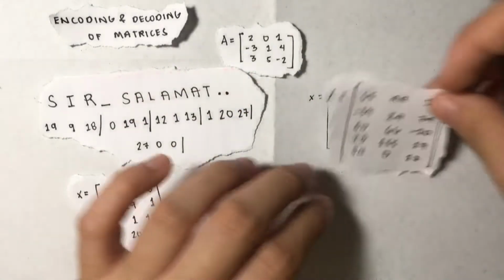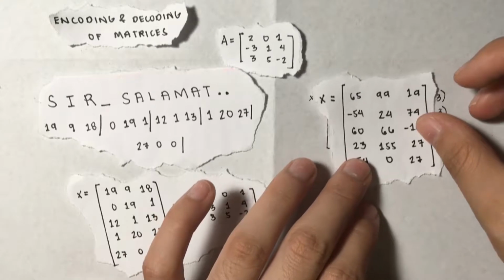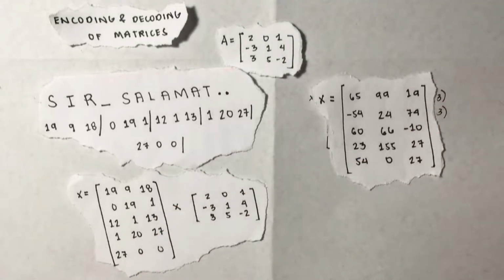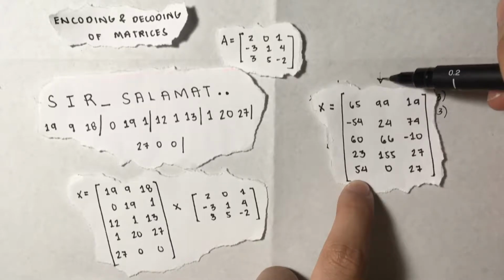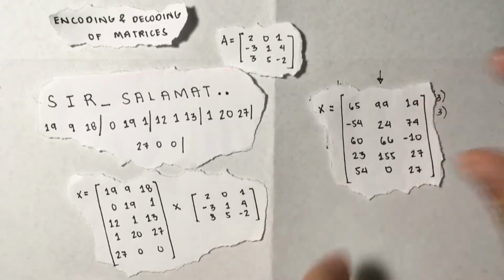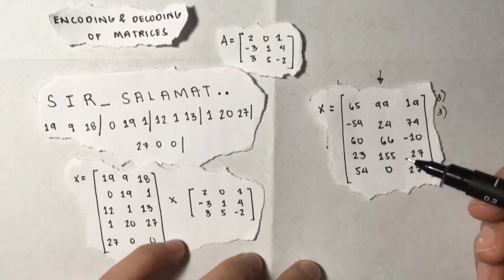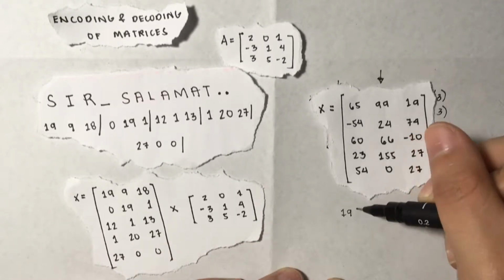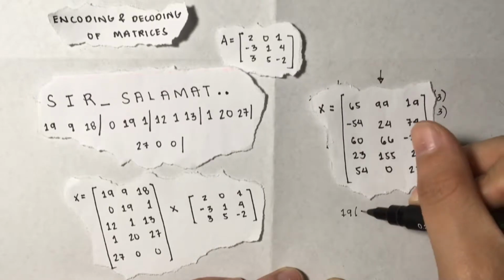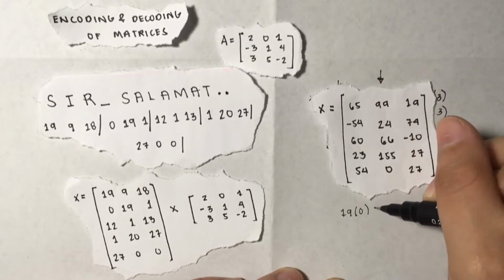So here is the finished matrix. But I will still show you how to do the second column of our encoded message. Again, we'll take the values from the first row of the first matrix, which is the translated message.